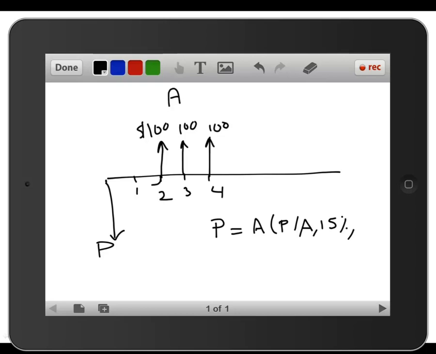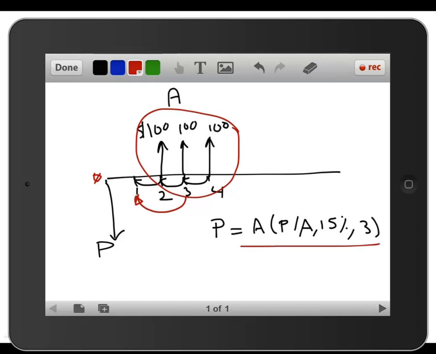I have period number 1, this is period number 2, and this is period number 3. So I have 3 periods here, and I should return these values, the annuity, to year number 1. So until now we did not go back to 0. We went to year number 1 using this formula.